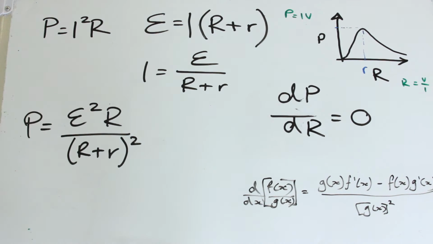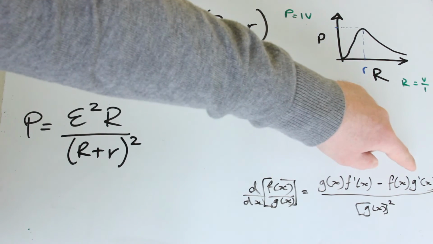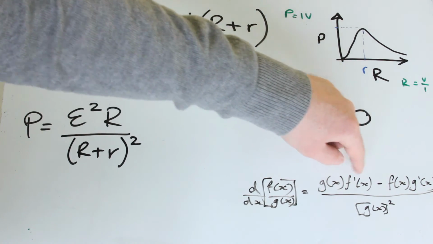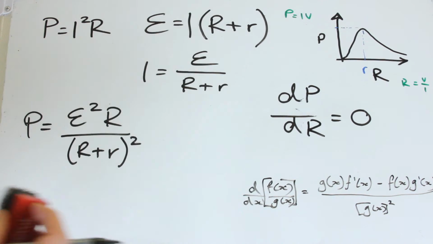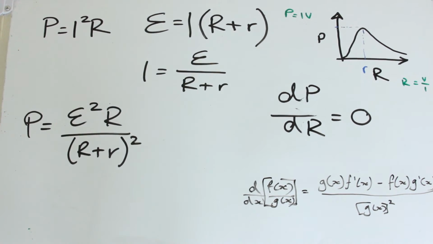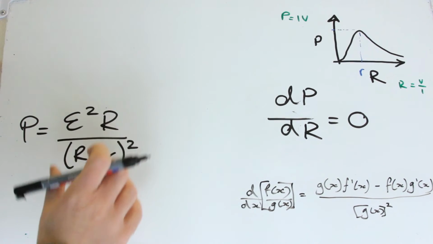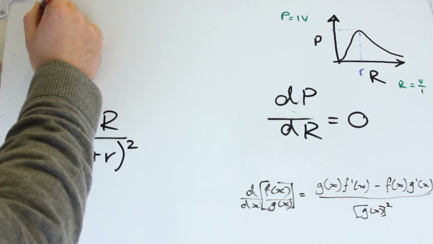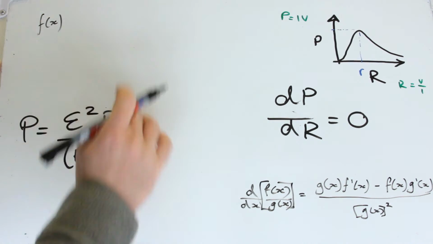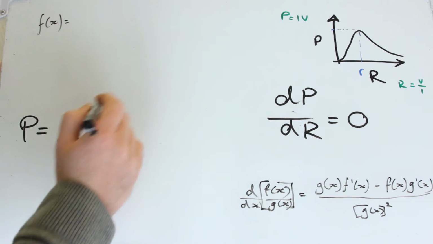So that's what I'm going to have to do to differentiate this function here. So the first thing I'm going to do is get g(x), the differential of g, f(x) and the differential of f ready so that I can just input them into the fraction. Okay, so let's go ahead and get all my terms ready. So firstly, f(x), that's the top one, just as it is.